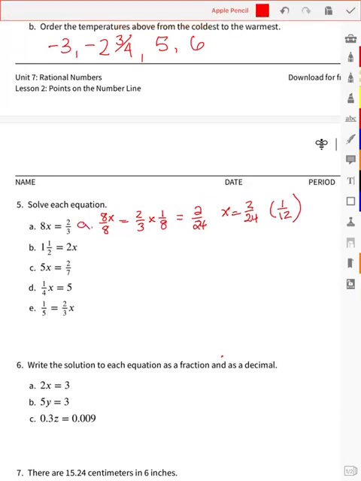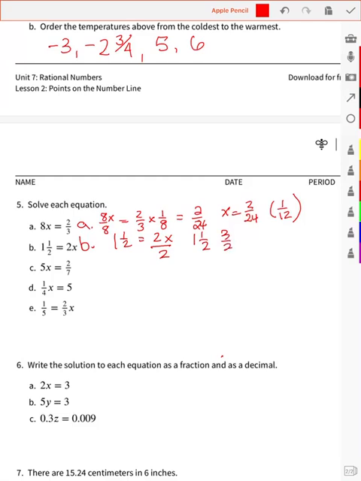B, 1 1/2 is equal to 2x. We've got to divide both sides by 2, which is the same as we're going to multiply our 1 1/2 by 1/2. So 3/2 times 1/2 is 3/4. So x is equal to 3/4.